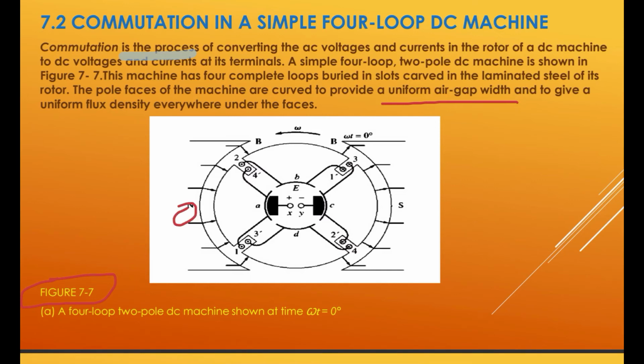This is a 2-pole machine, north and south. So how many loops do we have? 4 loops. This is a brush, 2 brushes here, A and B.